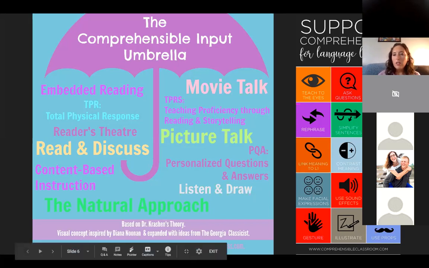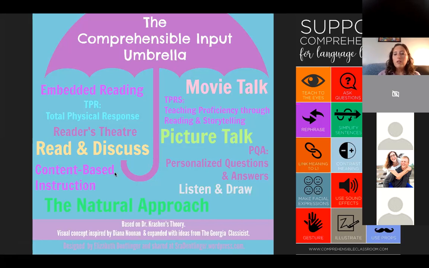And if you look on the other side, this is another infographic with some ideas for teaching to the eyes. It's really common for language teachers to make sure that students are paying attention, but also that they're not feeling completely lost, and making sure that you slow down, rephrase, simplify the sentences, shelter the vocabulary, keep the vocabulary to words that they have already practiced.